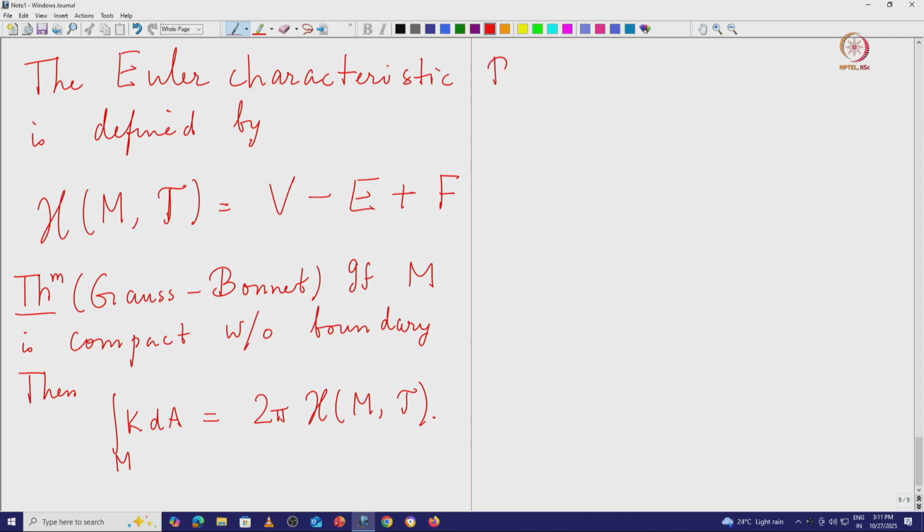So, a couple of remarks are in order. One thing is that in particular the LHS is independent of the triangulation, and hence the RHS also must be independent.